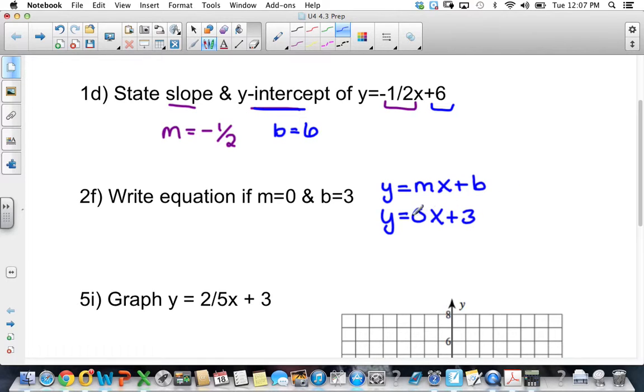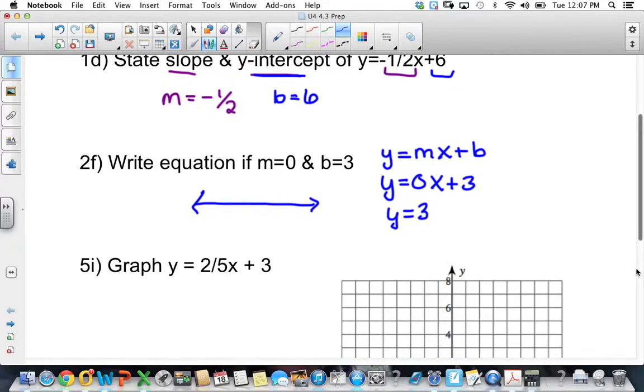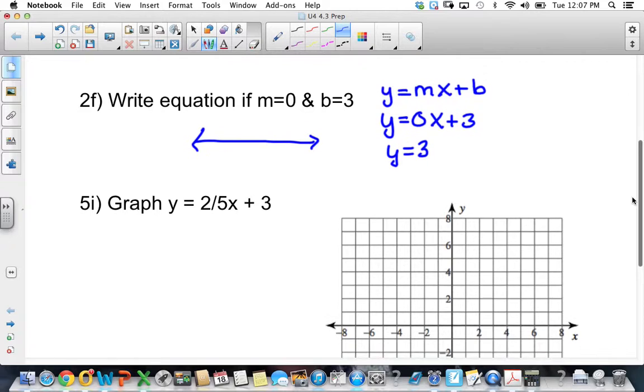Now, I don't need to write y equals 0 times x because 0 times x is just 0, so it's just y equals 3. Now, the question is, what kind of line is this, horizontal or vertical? That's right. If you said horizontal, that is correct, and it's through y is 3. All horizontal lines begin with y equals a number.